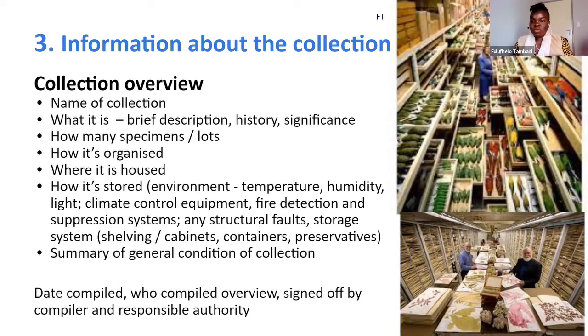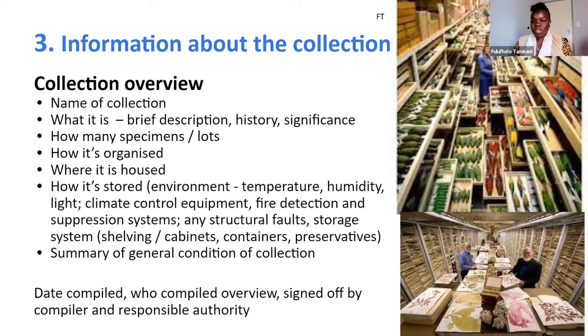A description would be that this is a bird collection, these kinds of birds are in the collection, how many, and all that. The history of it, meaning how did it come into being? How did you end up having it in your collections?